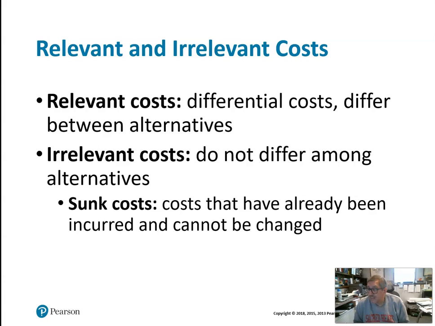So just because we've committed to it, we can't change it. That makes it a sunk cost, and sunk costs are irrelevant. All right, so relevant and irrelevant. These distinctions come into play when the company is trying to make a decision between different alternatives.